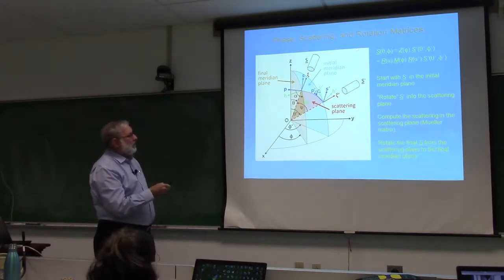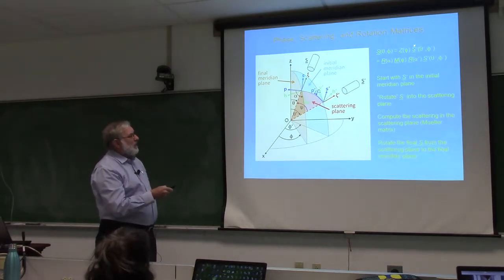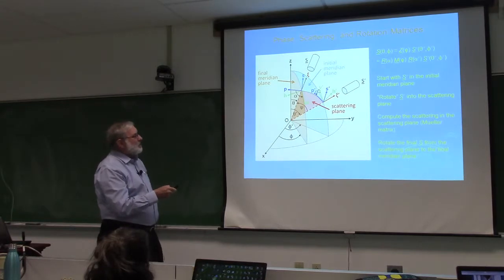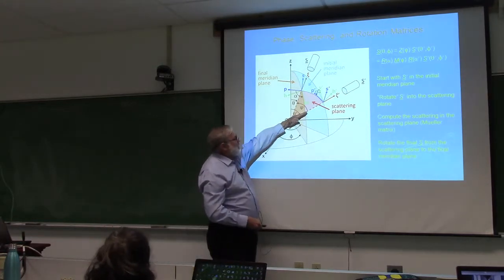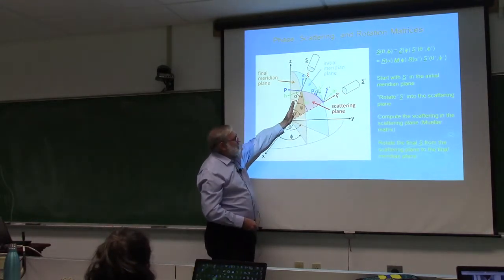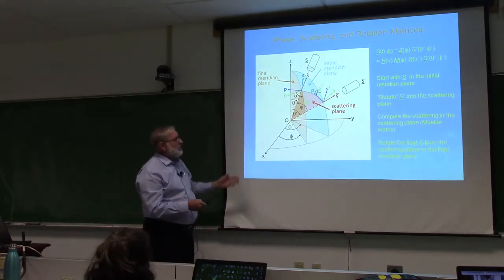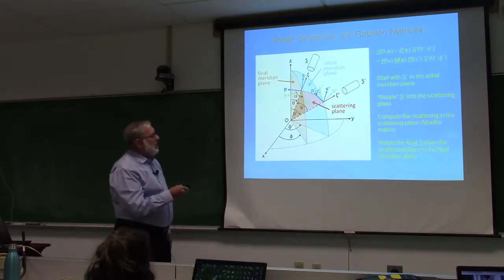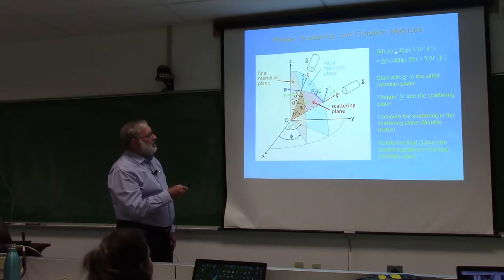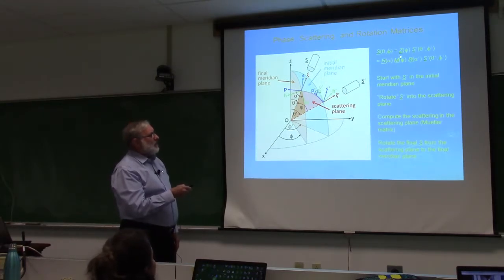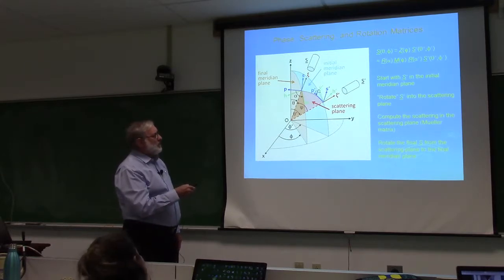And so when I write that the final Stokes vector is the initial times this Z matrix, that's with respect to these meridian planes. Then what people do is they say, let's write this phase matrix as a geometry matrix times Ken's Mueller matrix times another geometry matrix.